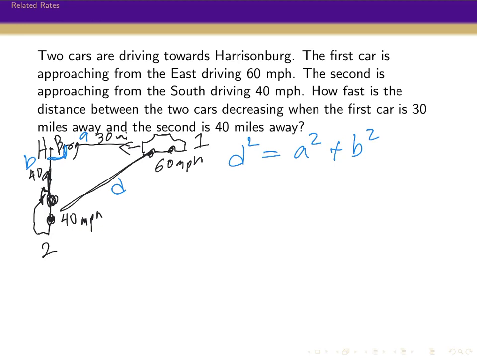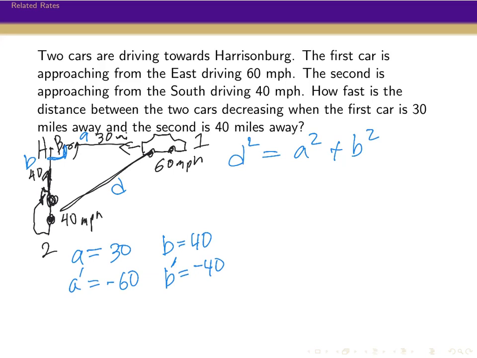The information that we have is car 1, A is 30 miles away, and it's going 60 miles per hour, but that's decreasing this, and so we're going to put minus 60 because it's getting closer to Harrisonburg. On the other hand, B is 40 miles away, and it's driving 40 miles an hour to Harrisonburg, so it is also decreasing that distance, and so its derivative is minus 40.